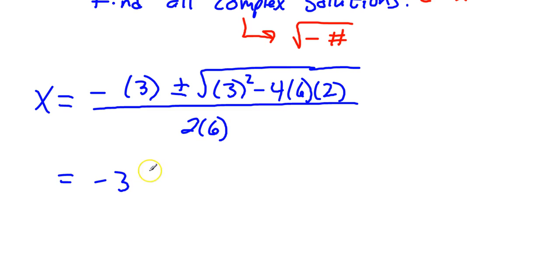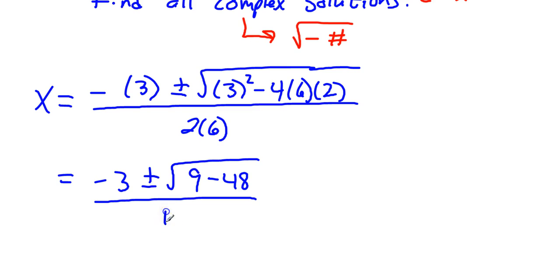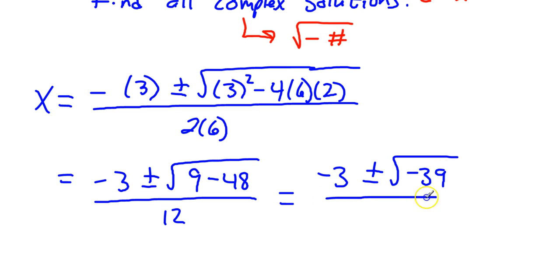Okay, so negative 3 plus or minus: 3 squared is 9, 4 times 6 is 24, times 2 is 48, and that's over 12. Negative 3 plus or minus the square root of negative 39, and that's over 12.